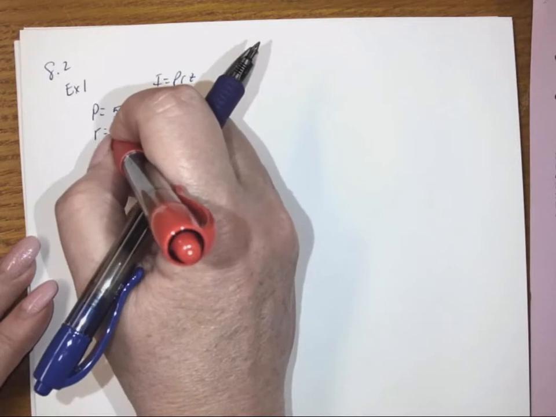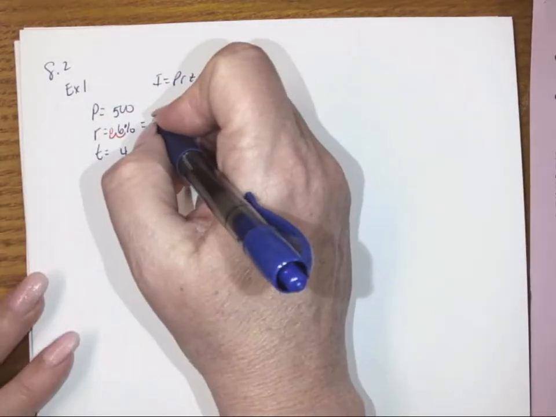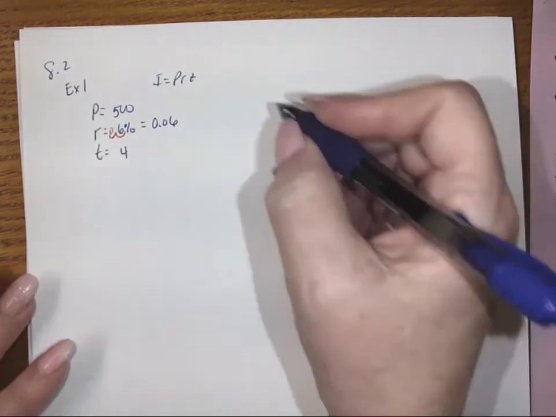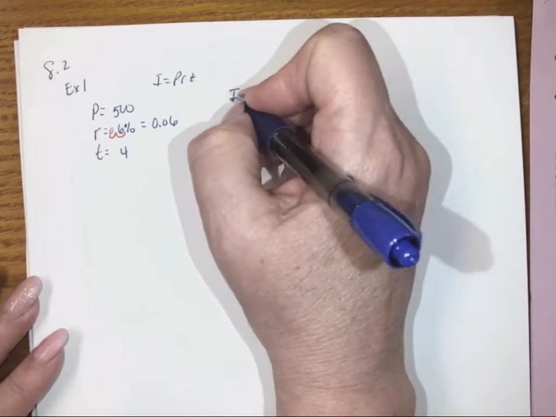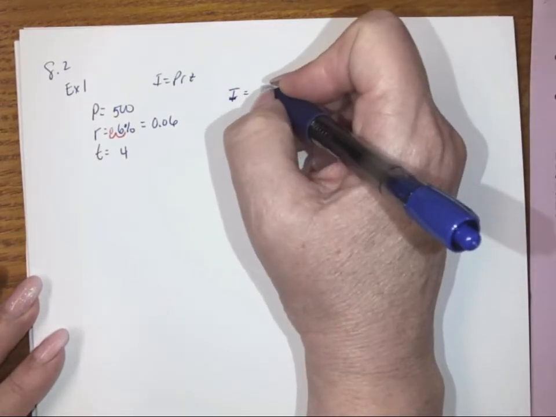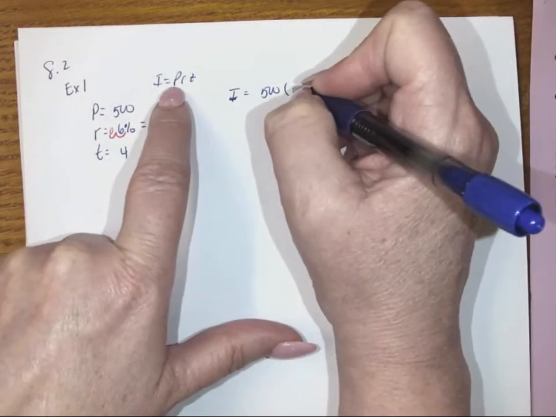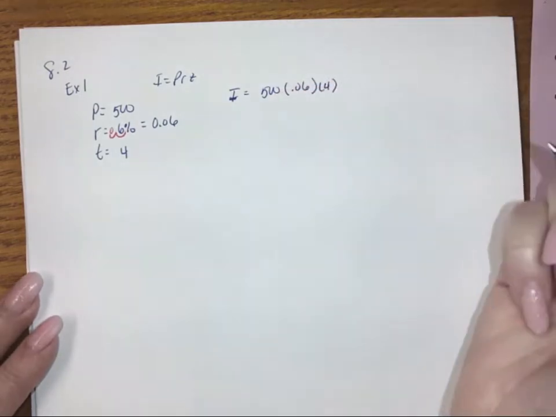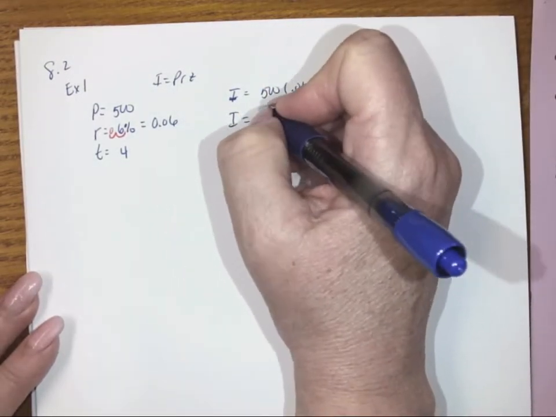So when you move it over, you're going to have to insert a 0 there. So it'll be 0.06 will be our interest. So using our formula, I will be equal to our $500, so that's our P, times our rate of 0.06 times 4. And so our interest is going to be $120.